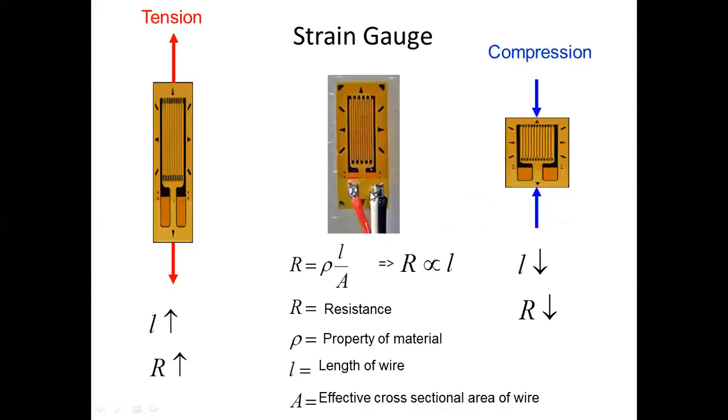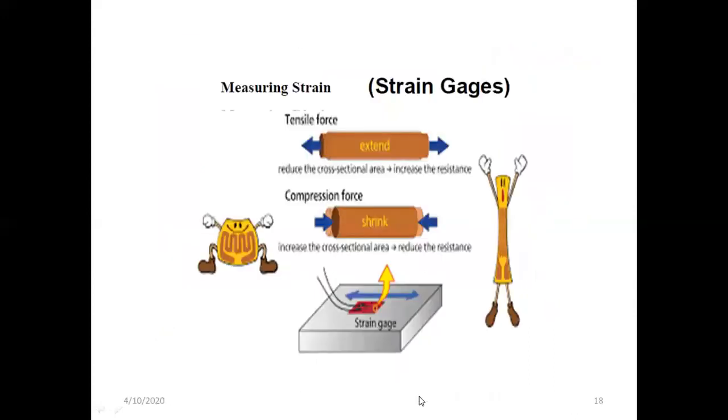These can be connected electrically, and the relation is that this is in tension, this is in compression. Change in length will be directly proportional to resistance. So the relation we have is R equals rho L by A, where R is the resistance, directly proportional to the length, rho is the resistivity, a property of the material, L is the length of wire, and A is the effective cross-sectional area of wire.